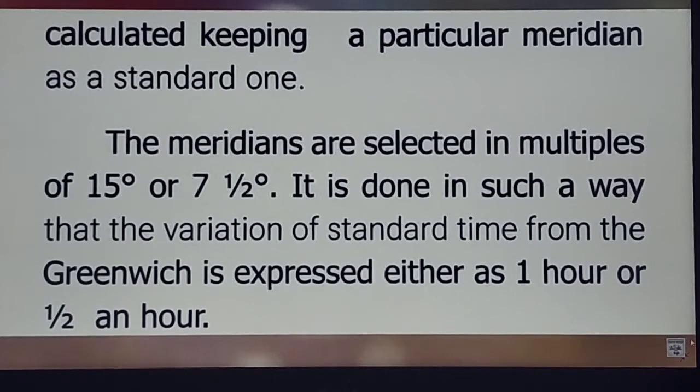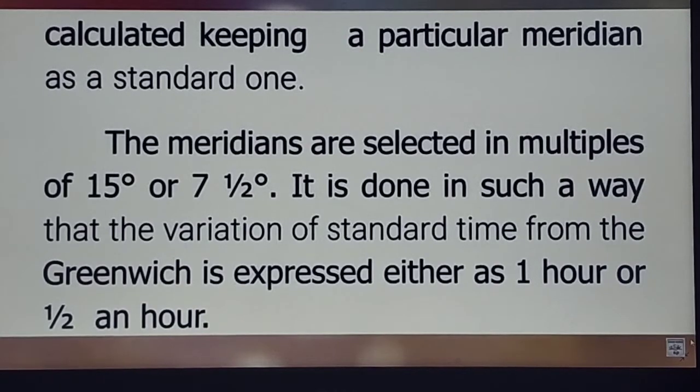The meridians are selected in multiples of 15 degrees or 7.5 degrees, in such a way that the variation of standard time from Greenwich is expressed as 1 hour or half an hour.